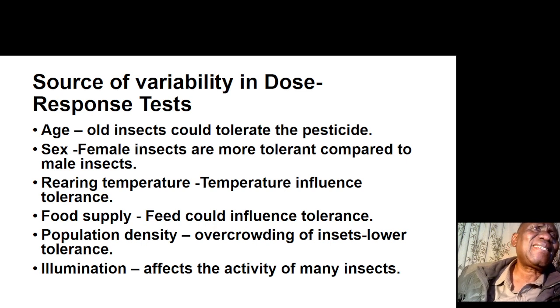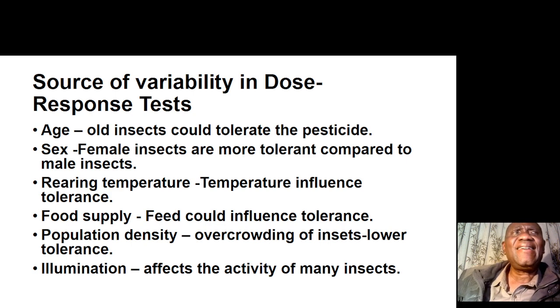It could be related to sex. There are female insects which are more tolerant compared to male insects. So if your population consisted of females, then you can also underestimate this LD50. The rearing temperature can also influence the ability of the test animals to tolerate the pesticide.